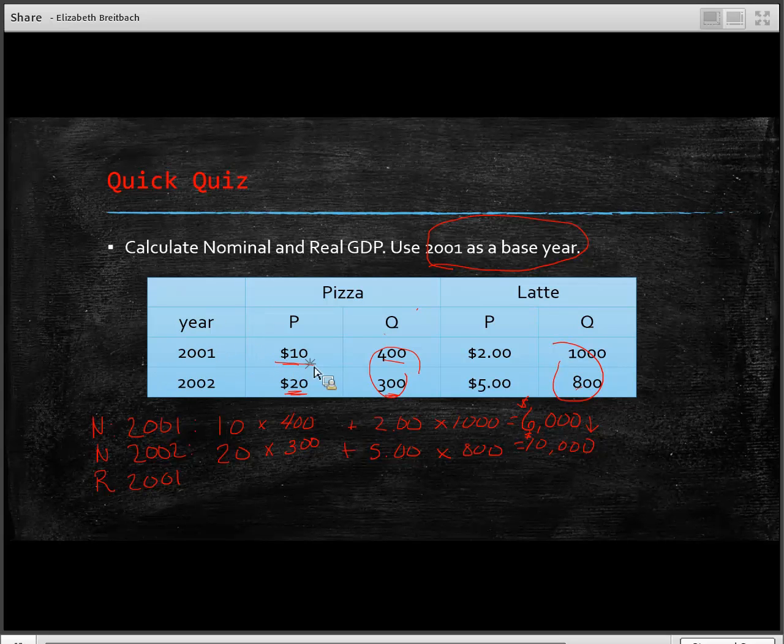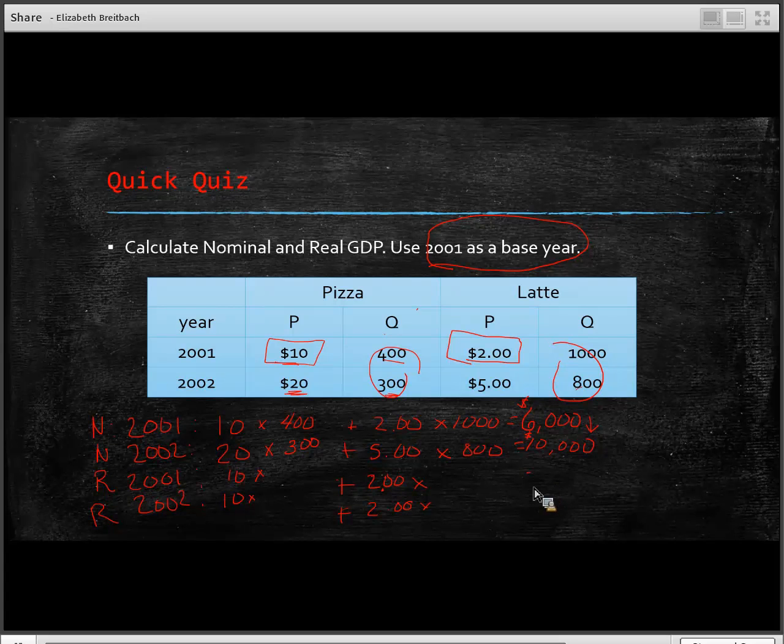So we're going to use $10 and $2 both for our real GDP in 2001 and our real GDP in 2002. Let's just put those in there immediately. So 10 times, and then $2 times, and then $2.